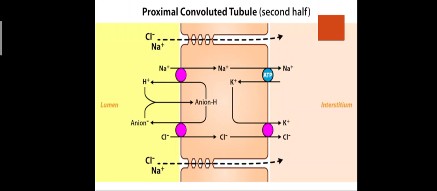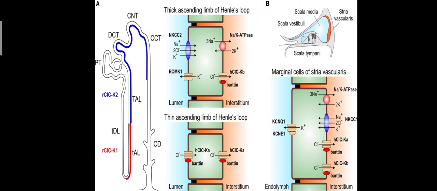Next, we can discuss chloride reabsorption. So for chloride reabsorption, here we can see that it occurs through the chloride anion exchanger and also chloride passively passing through the proximal convoluted tubule.